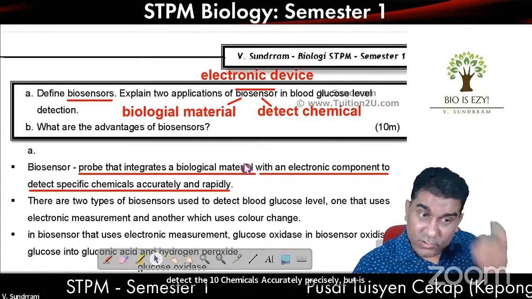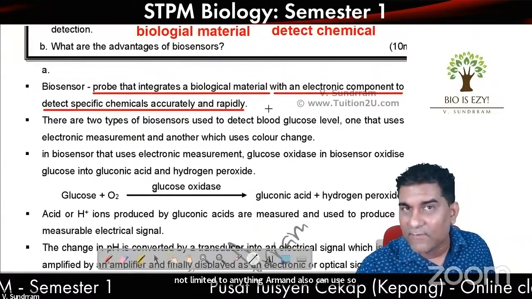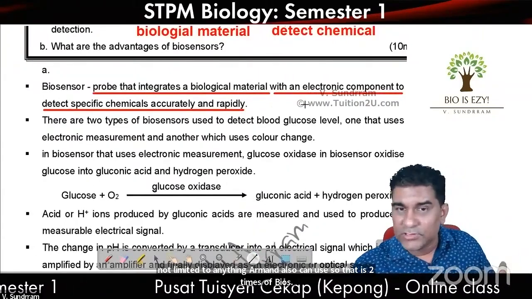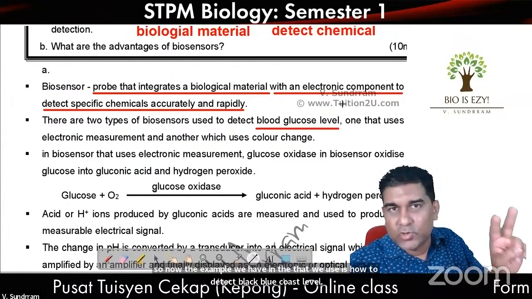Hormones also can use. So there is two types of biosensor. Now the example we use is how to detect blood glucose level. There are two ways to do it.